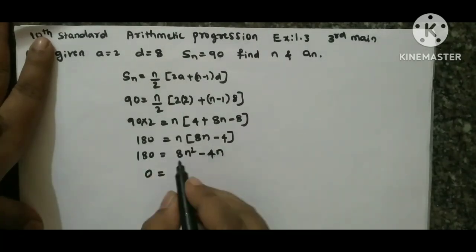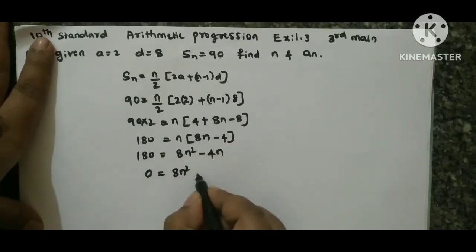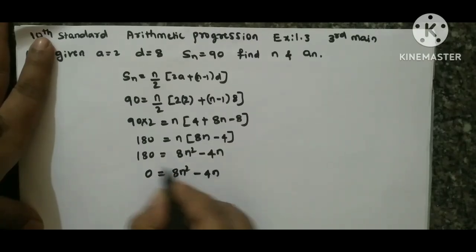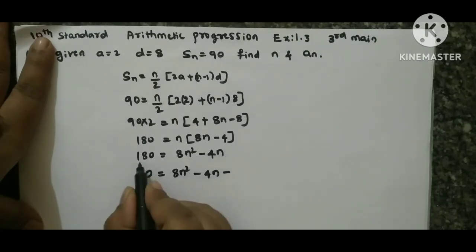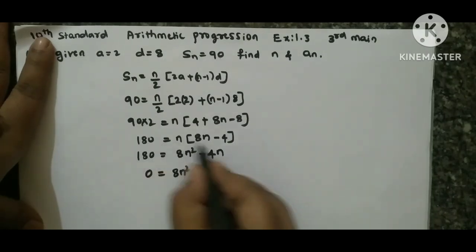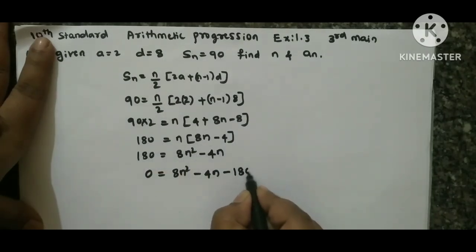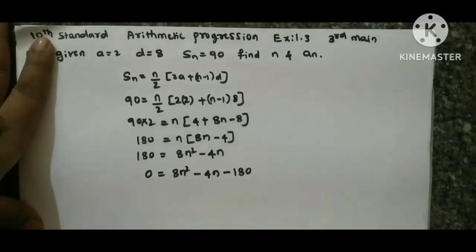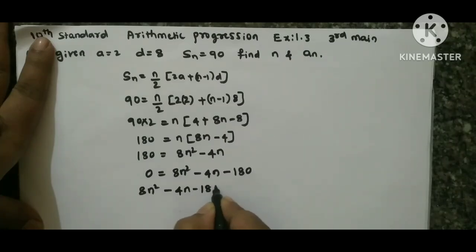So if you take the 180 to the left side, on the right side what you will get is 8n square as it is, minus 4n. This 180 if you take to the right side, it will become minus 180. Now the equation we got is 8n square minus 4n minus 180 is equal to 0. I just rearranged and wrote it here.